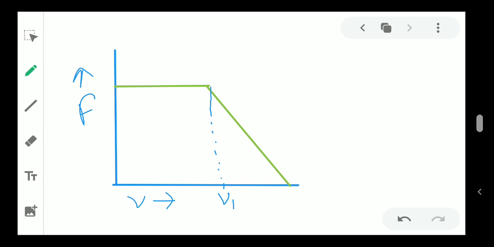In those cases the area under the graph is nothing but your power itself.